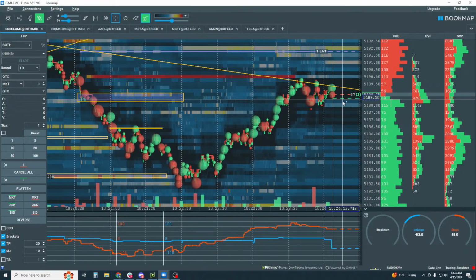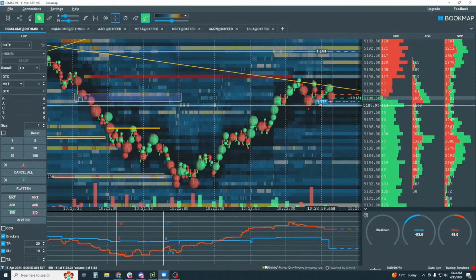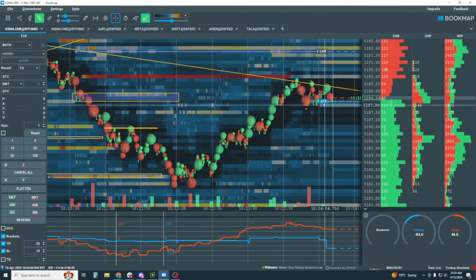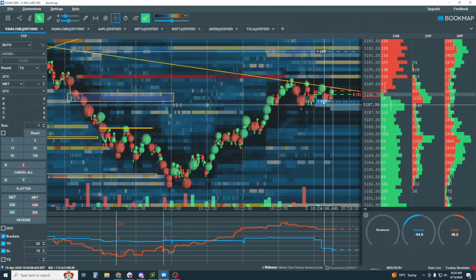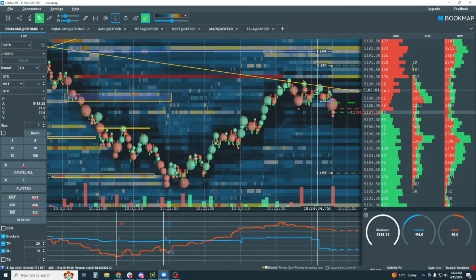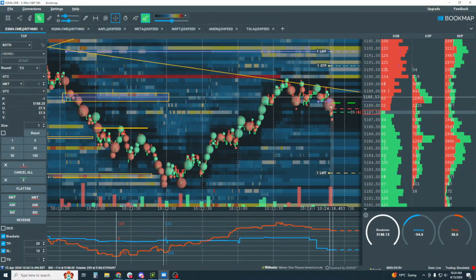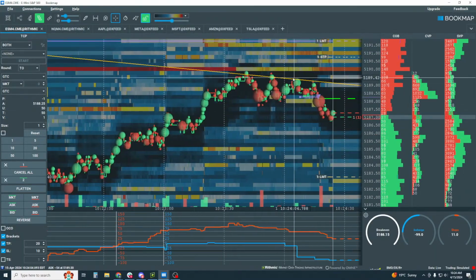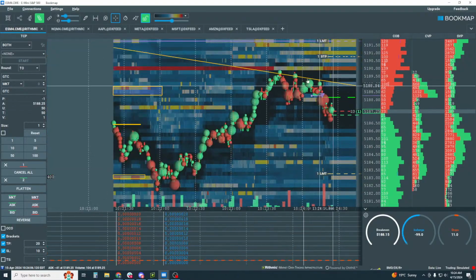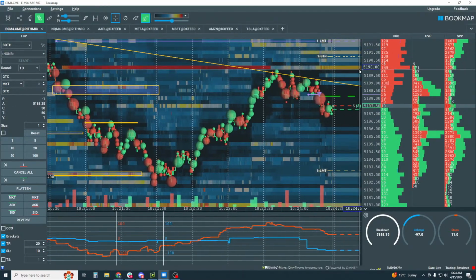Okay, so let's see if maybe we'll place a sell stop here. Yeah, I don't know if I like it, but we'll do it. There we go. All right, so I didn't like it because of this liquidity in here, but I saw some exhaustion in here, so we took it.